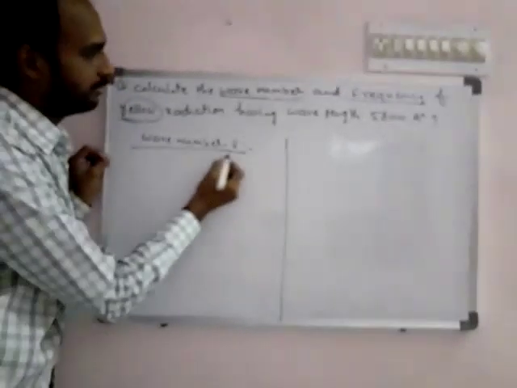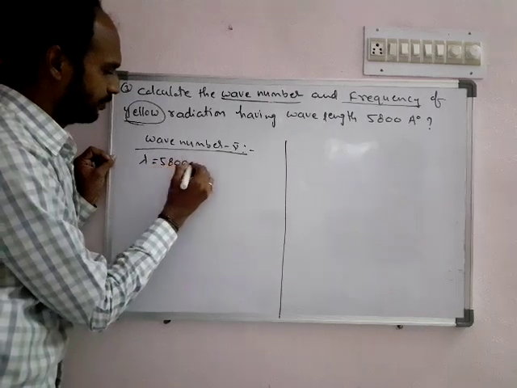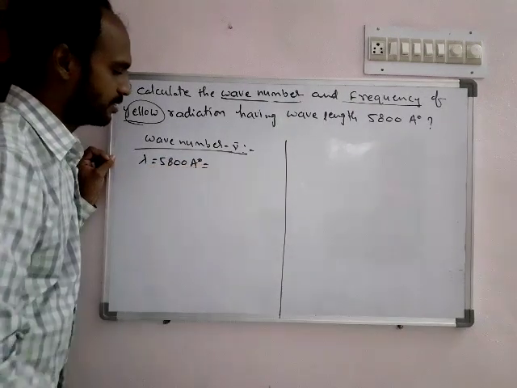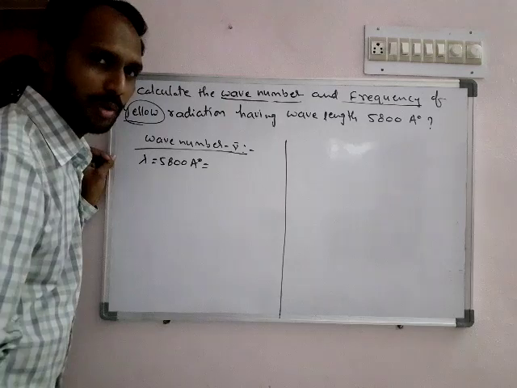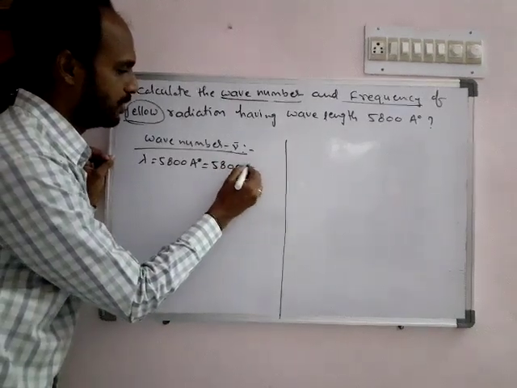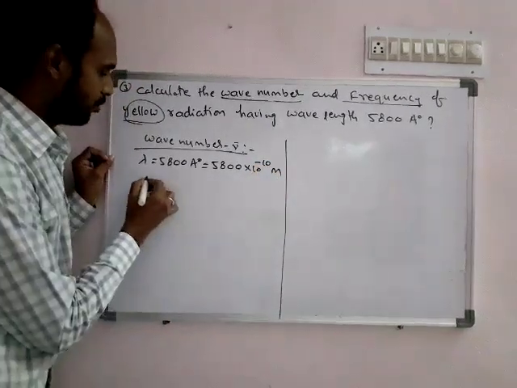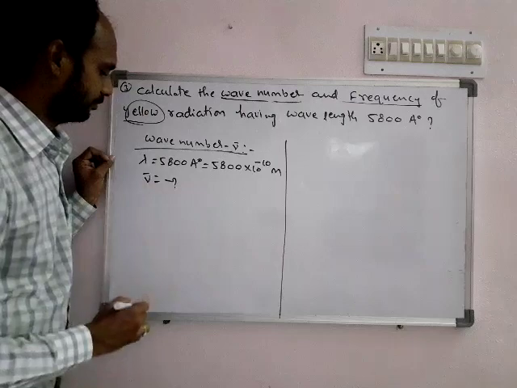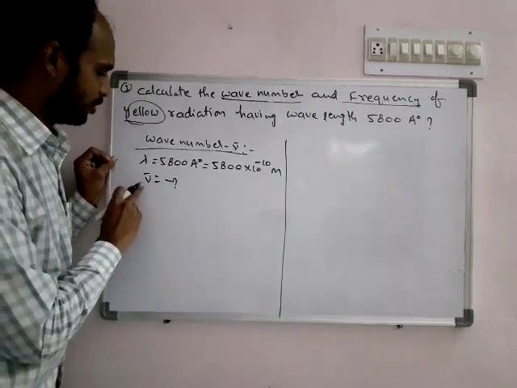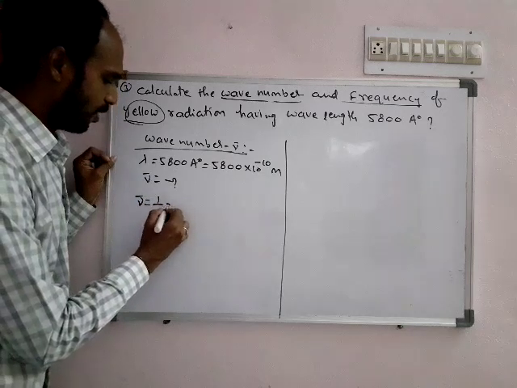Here the lambda is given as 5800 angstroms. We never do the problem in terms of angstroms, so convert it into meters, 5800 into 10 power minus 10 meters. So find the nu bar. What is the relation of nu bar to lambda? We know that nu bar is equal to 1 by lambda.